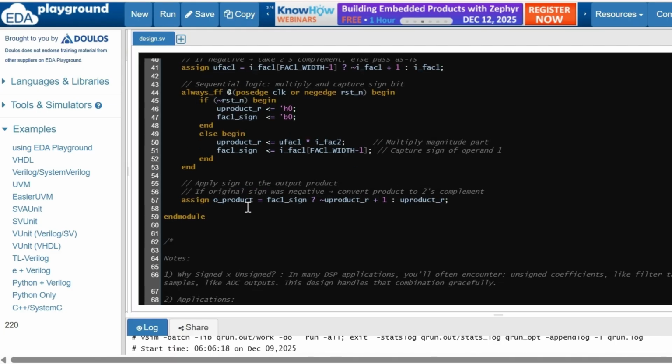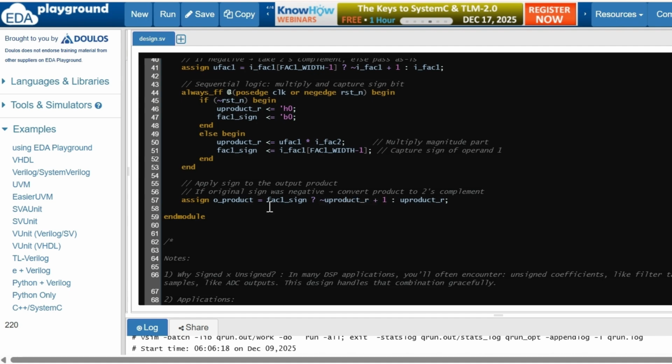Now, depending on the sign of our signed input number, which is IFAC1, if our input factor 1 was negative, we again take the 2's complement of our unsigned product. So like I said, we will convert plus 25 into minus 25 here.